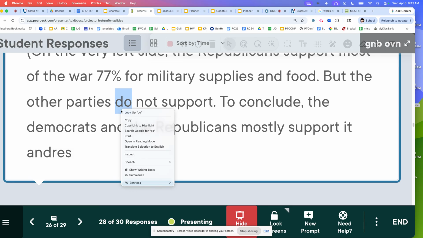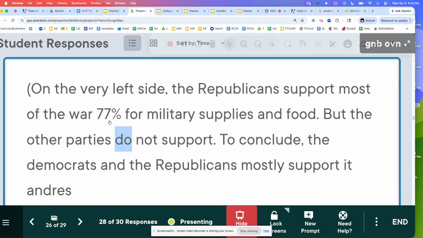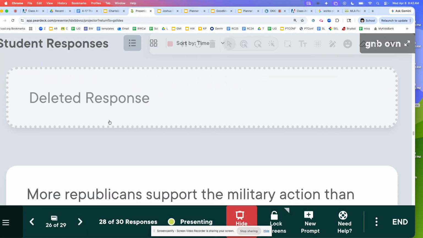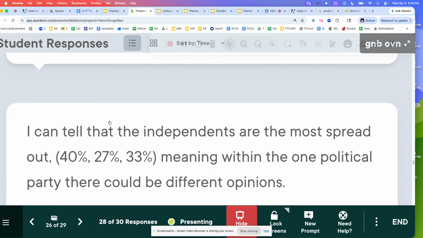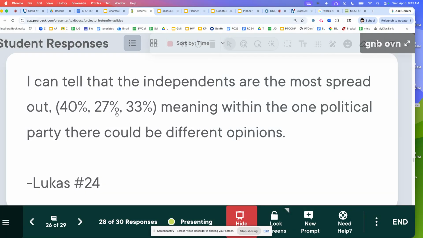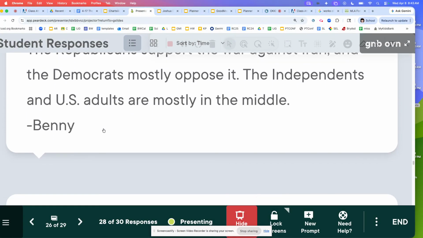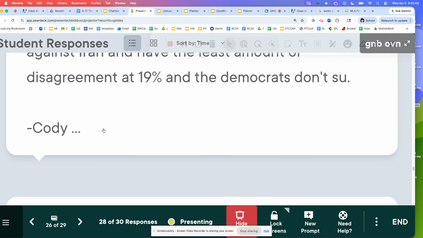So the topic sentence again is that the Republicans support, Democrats mostly don't support. Then you would talk about 77%. Most of us did not get that. Okay, better, Lucas. This one is a claim right here. That's good, Lucas. Come get a scorecard. Cody, good.